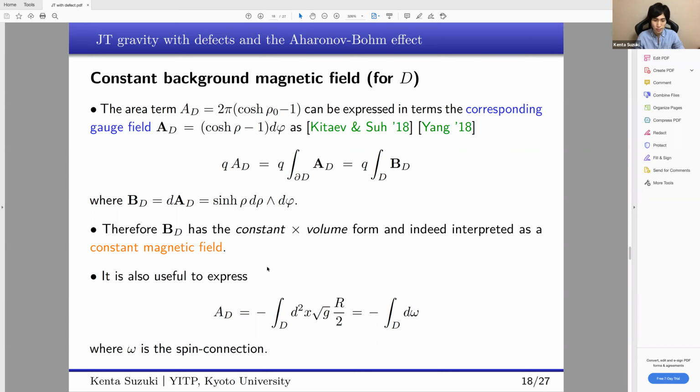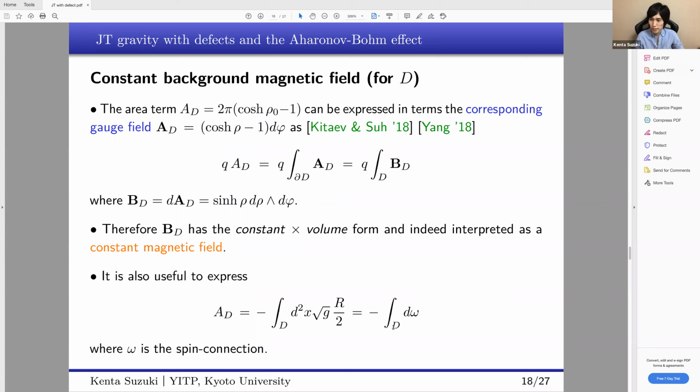So in order to see the next punctured disk case, it's also useful to express this area term in terms of this expression. So for the disk geometry, on shell, this Ricci scalar was just -2. So we can simply insert minus R over 2 inside of this definition of the area term. And this expression can be written in terms of the spin connection omega.